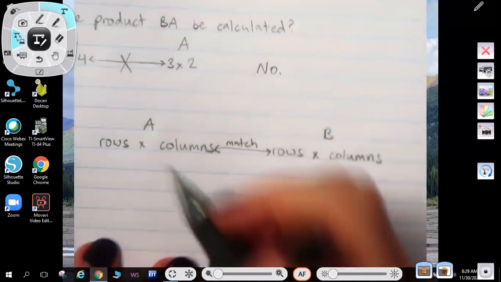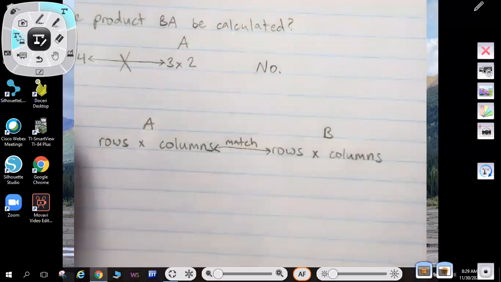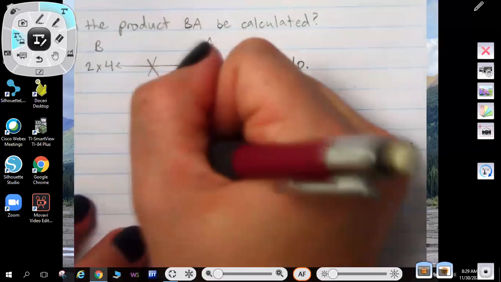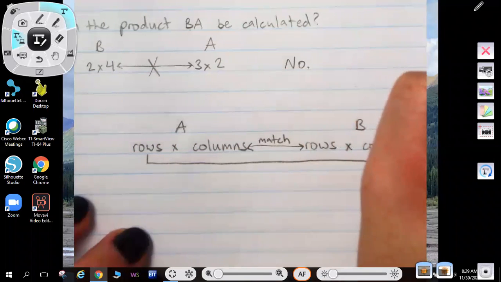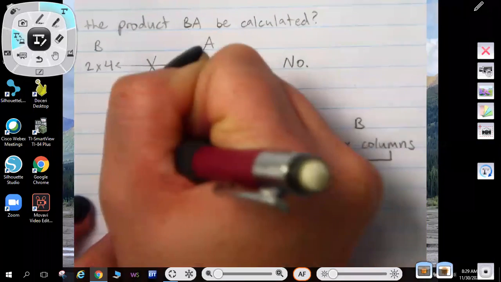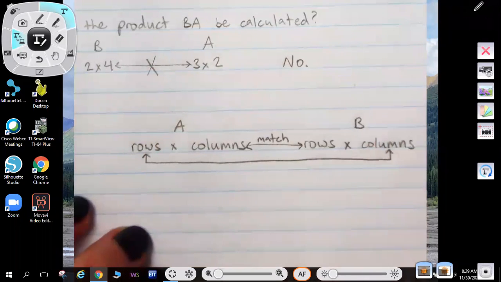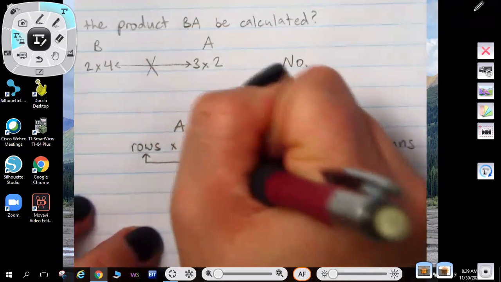So those have to match. And then the number of rows in matrix A and the number of columns in matrix B are going to be the dimensions of your product.